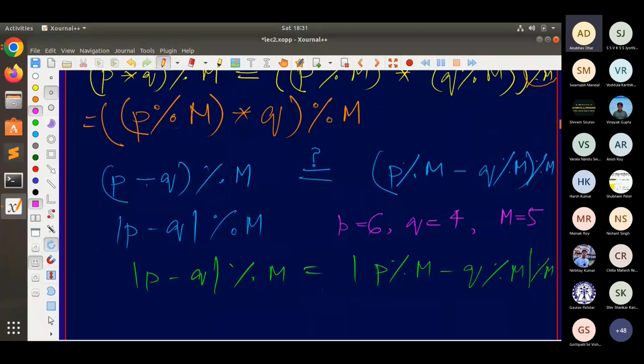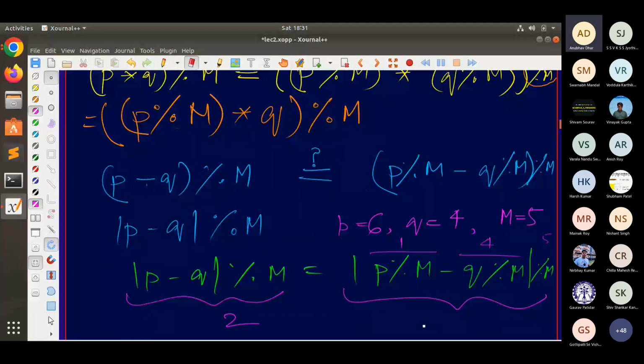So what is p minus 4 percentage m percentage 5? This is 2, right? And this is 1, 4, 5. This is minus 4, minus 3.